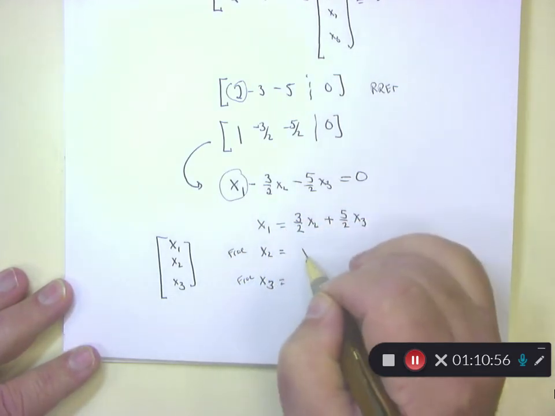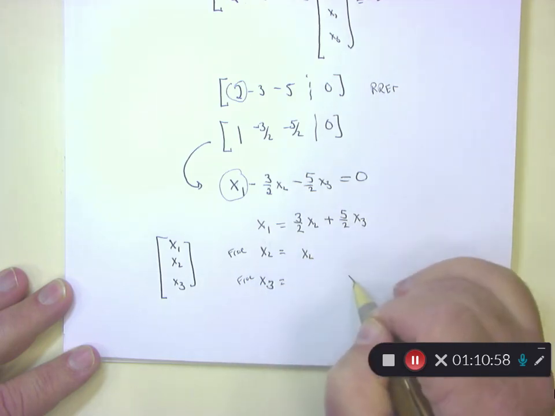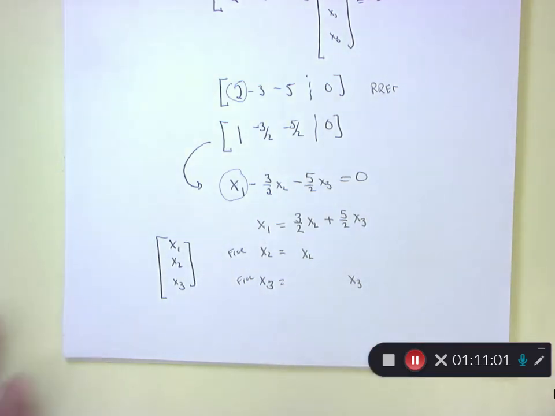So x2 would be equal to x2. x3, I am trying to line this up, is going to be equal to x3. They're free variables, right? I'm doing the same thing. I just didn't have to do a bunch of row reduction because I only had one equation.